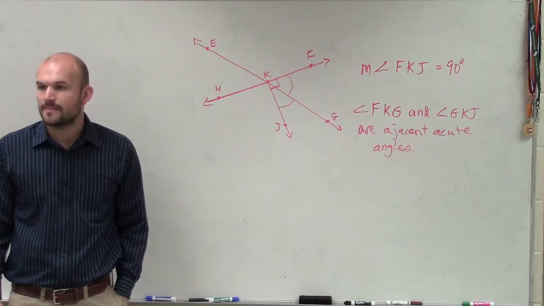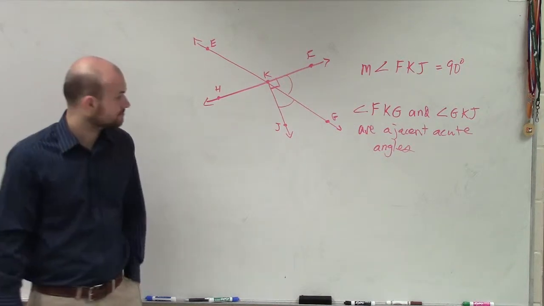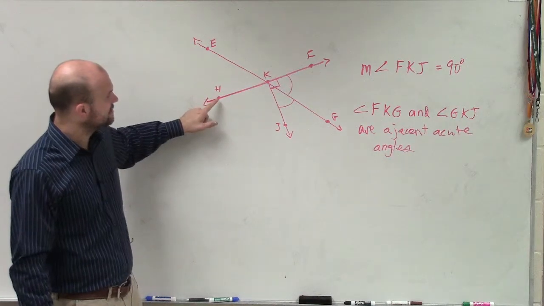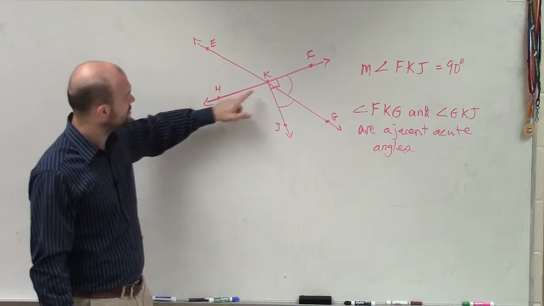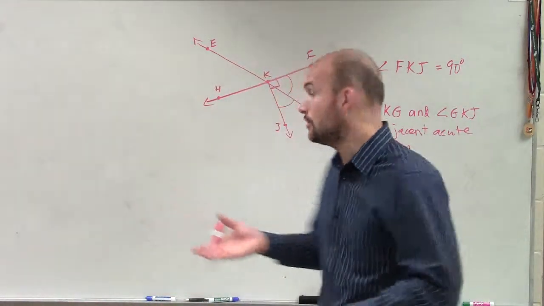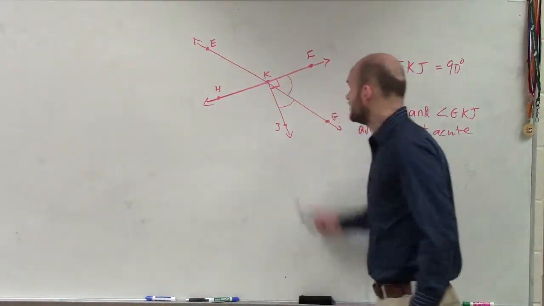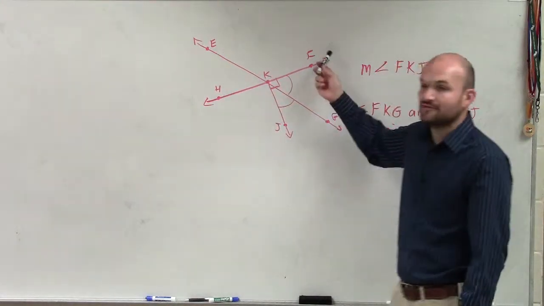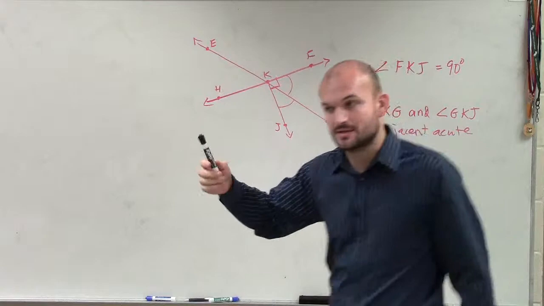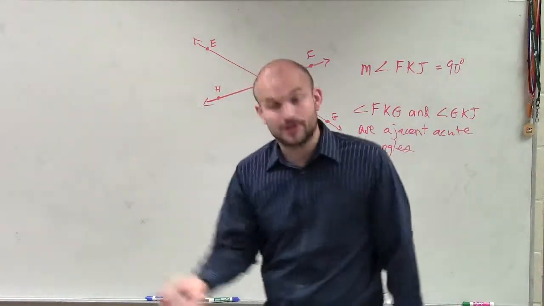Good. Yes? I got EKH and HKJ. OK, well, you're very close, but let's look at this. If I know that this is 90 degrees, we know that HF is a line, right? And a line creates an angle that is how many degrees? 180 degrees.